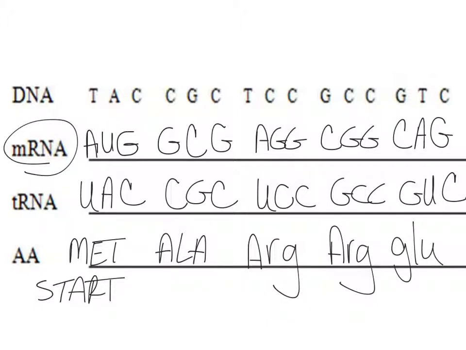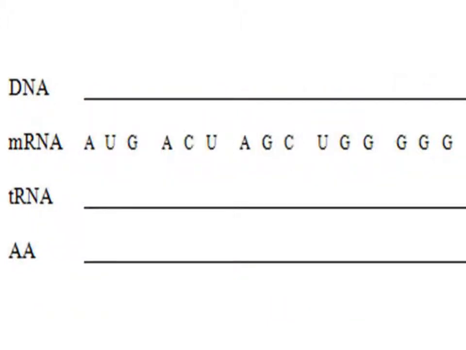Alright, so now let's look at it a different way. Now we've got mRNA, we need to go backwards to get our DNA and then forwards to get our tRNA. So if we go backwards to DNA, A pairs with T, and we can have a T in DNA, right?